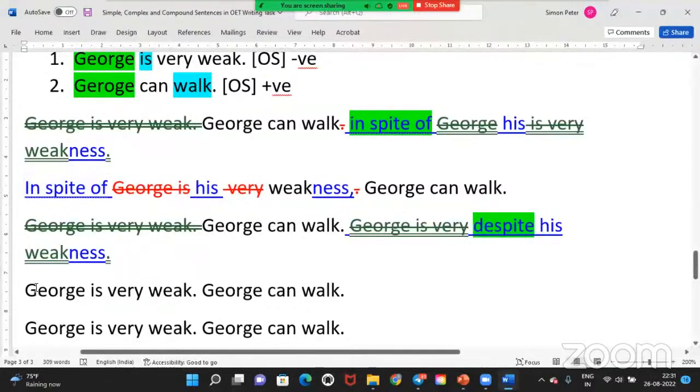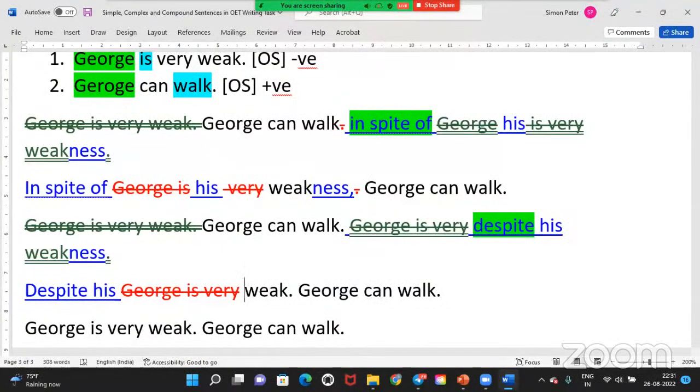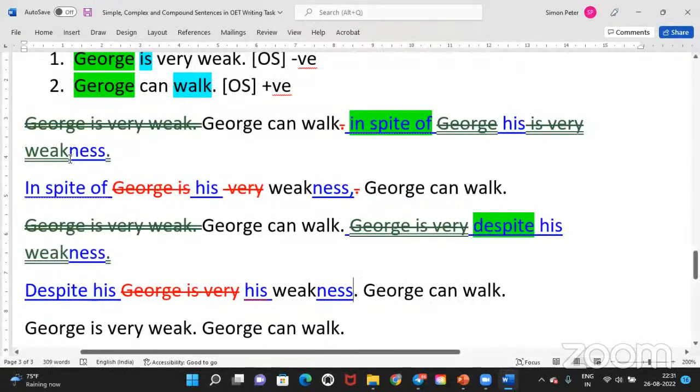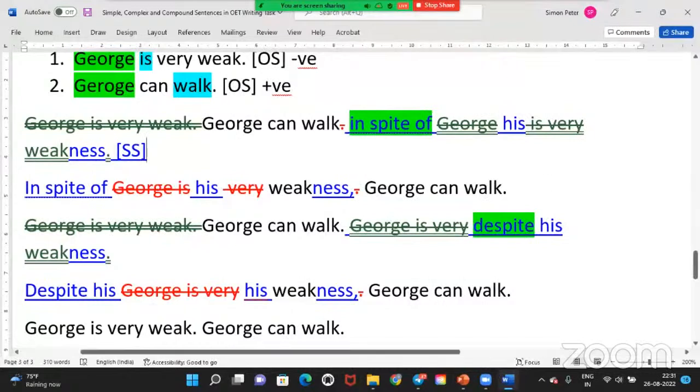In the same way here, just to start with "despite his weakness", comma, remove full stop. George can walk. Despite his weakness, George can walk. So "in spite of" and "despite". So this is a simple sentence with "in spite of" in the middle, and this is a simple sentence with "in spite of" in the beginning.